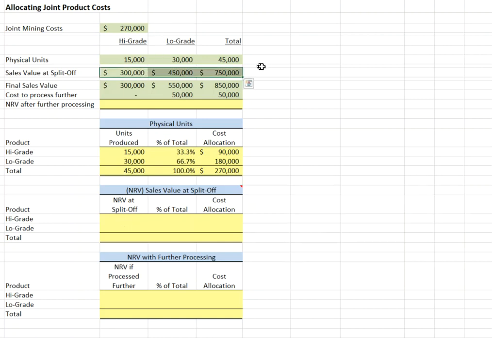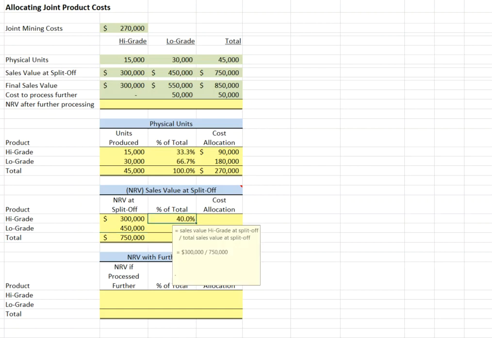We're given the sales value at split off point and the total for the two products. Let's pick those up. First, the high grade coal, $300,000, the low grade coal for $450,000, total sales value at extraction of $750,000. The high grade coal accounts for 40% of the value at split off. That's the $300,000 divided by $750,000.